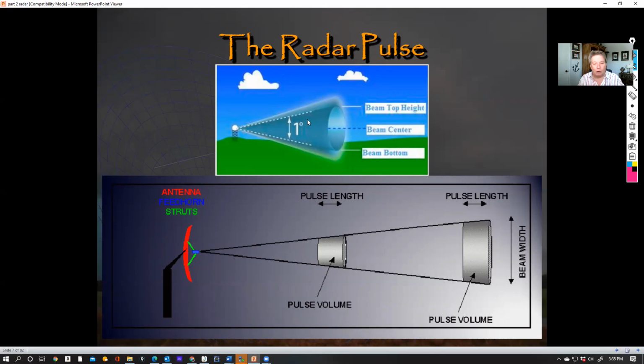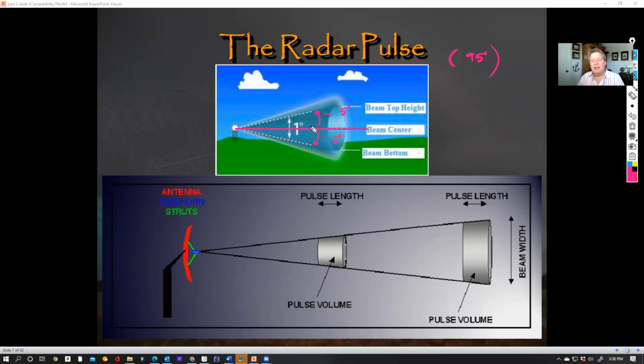Now, our radar beam we say is about 1 degree. Actually, if you look, it's more technically 0.95 degrees. But 1 degree, make it easy. The radar tends to look out this way. So the beam center, if we imagine it being horizontal, would have about half the beam, about 0.5 this way, and about 0.5 this way.